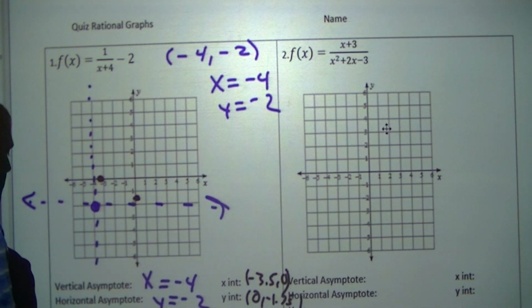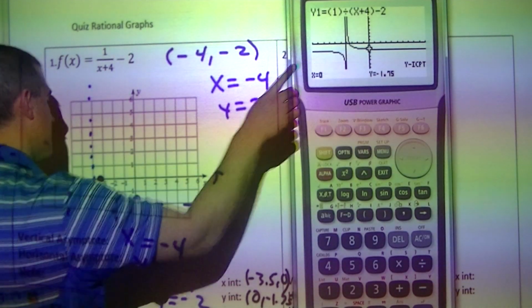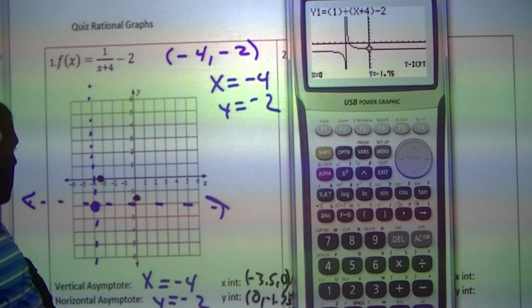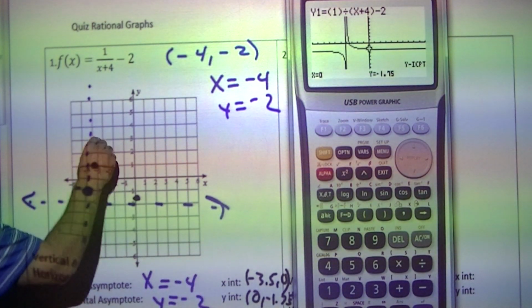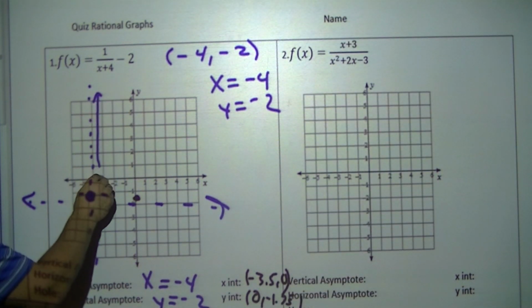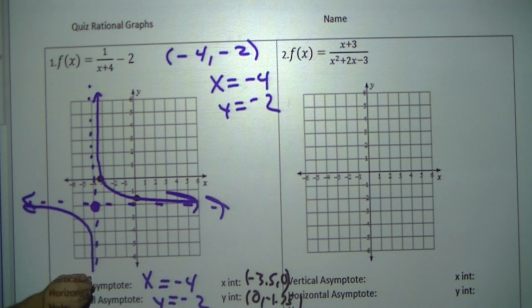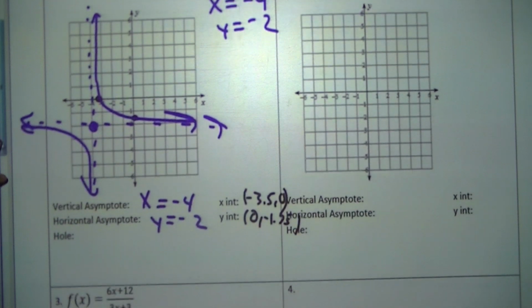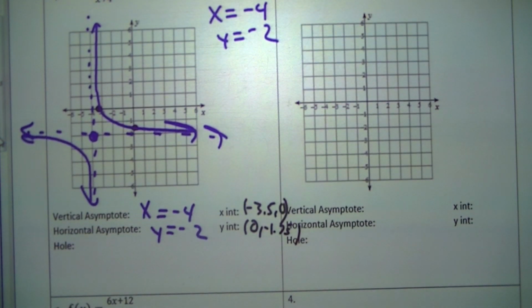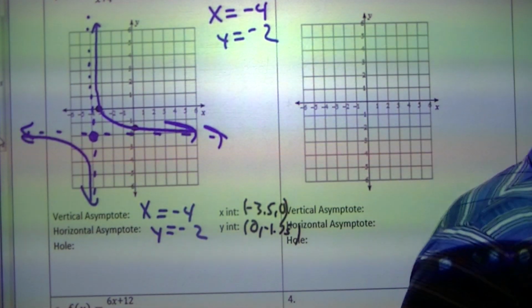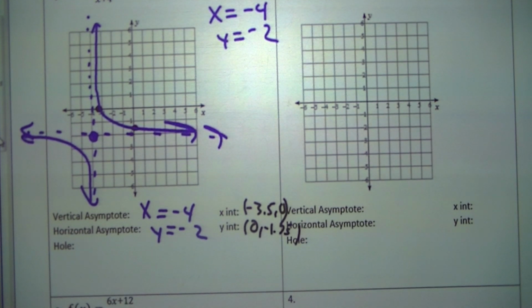Okay, and as you can see, I've got a curve going this way, a curve going that way. Key thing is don't pass over the asymptotes. We'll go like this, go like this, okay? Now, to do the domain, I don't think we have the domain on this one. Hold on one second.